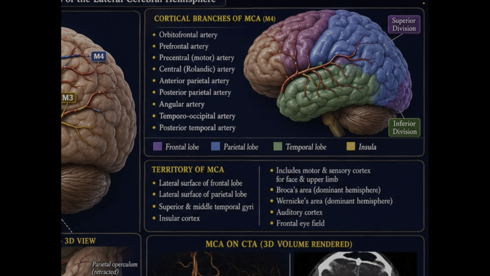Collectively these branches supply most of the lateral frontal, parietal and temporal lobes as well as the insular cortex.